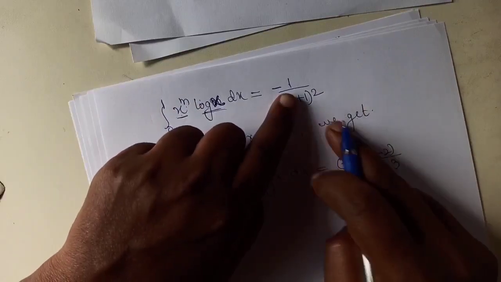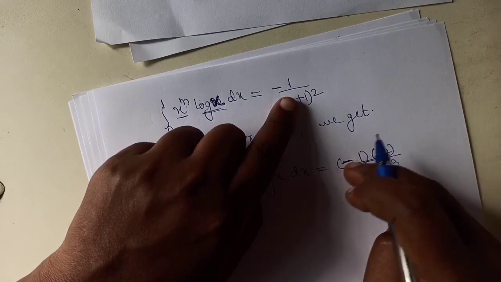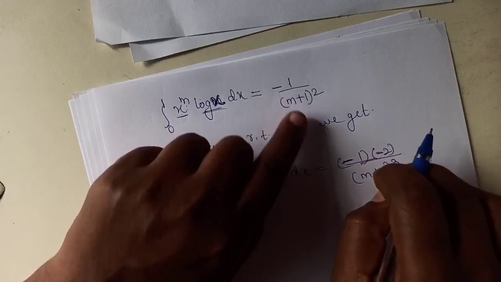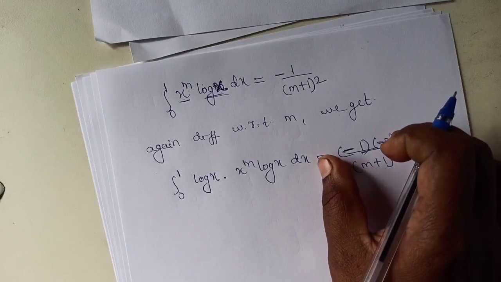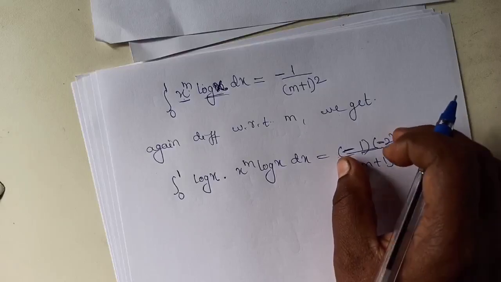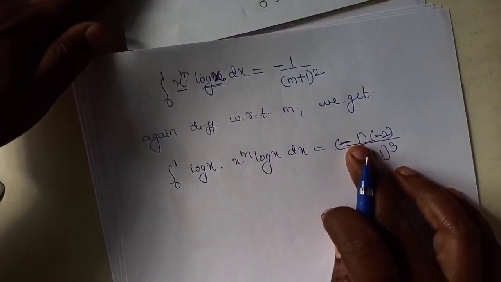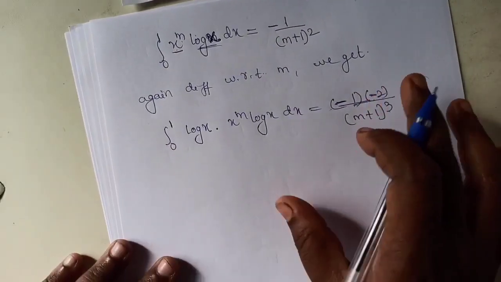We may write minus 1 into minus 2 equals plus 2 also, but for the formula we want to represent it in general form, therefore we consider minus 1, minus 2, minus 3 like this only, don't go for the multiplication.